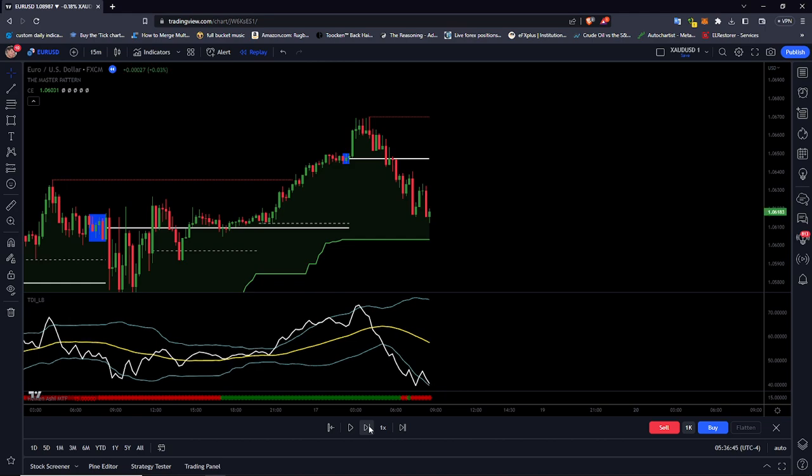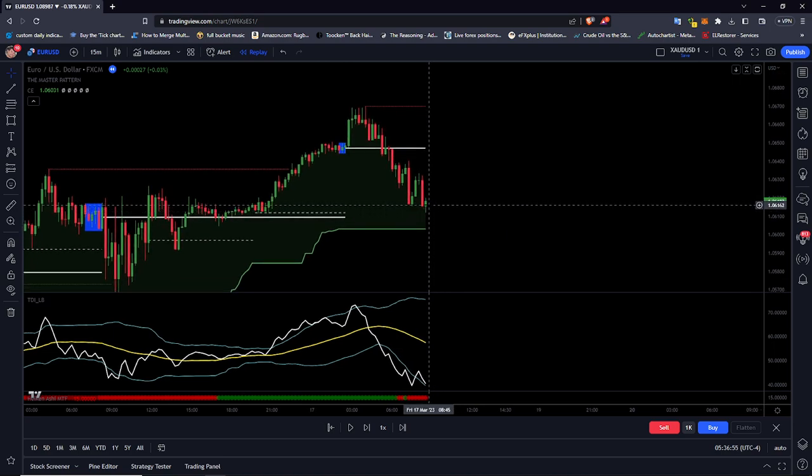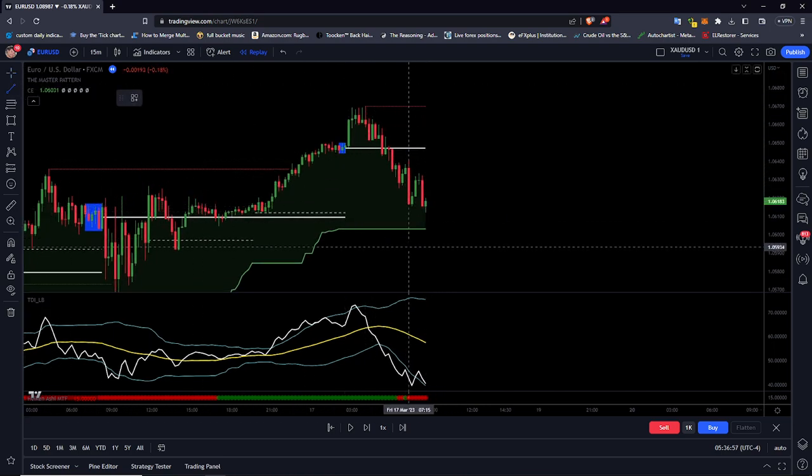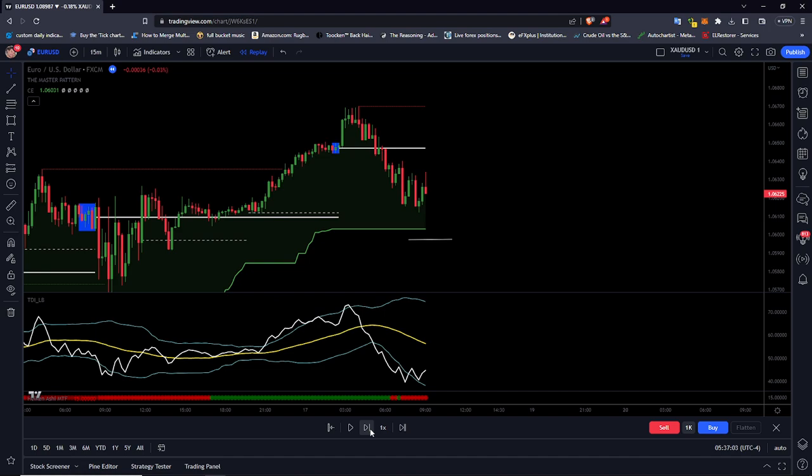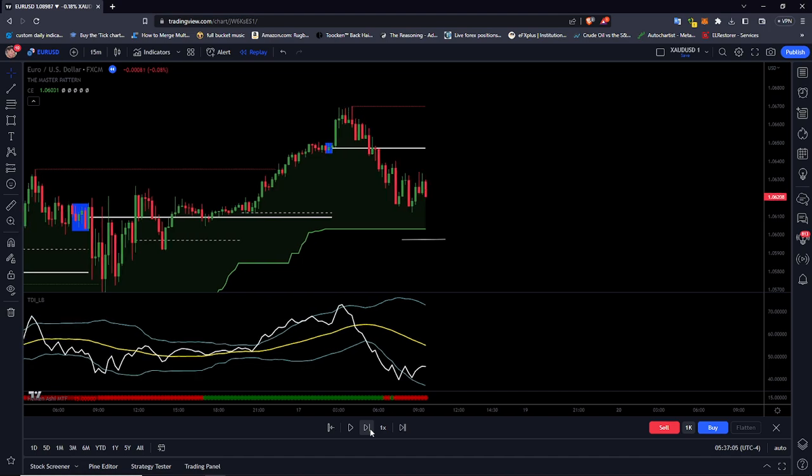So getting near the line, you see, we went back inside the band, now going down again. Here, I would probably have bought. I would probably have bought there. Stops right below there, right? Now, if price goes lower, I add.